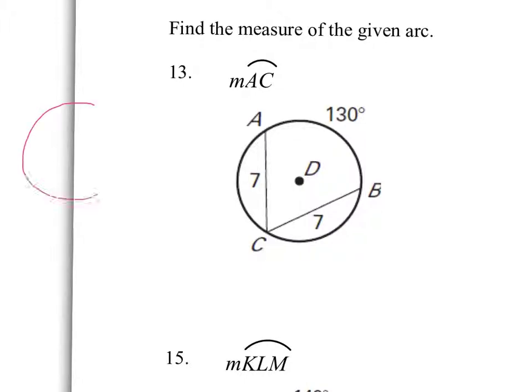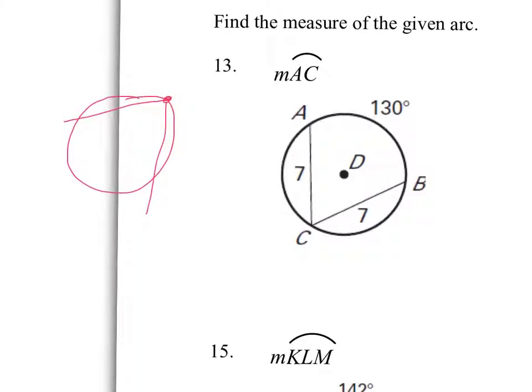If you have a circle with an angle that's right on the circle itself, not in the center, let's say this angle is 80 degrees. Well, the arc that is formed because of that, this arc right here, is going to be exactly twice. So this arc would be 160 degrees.